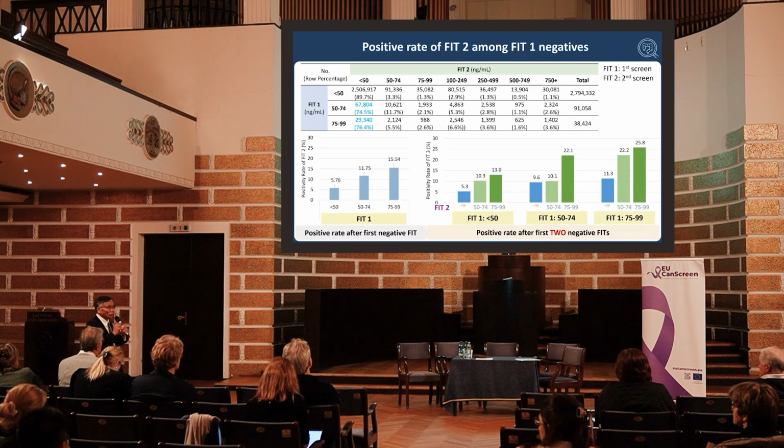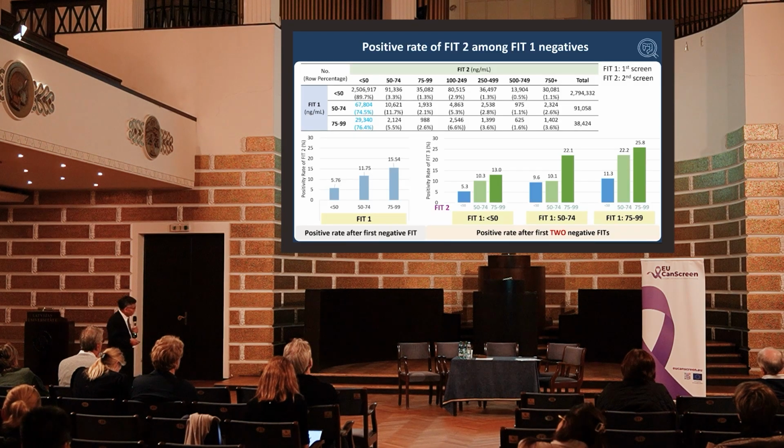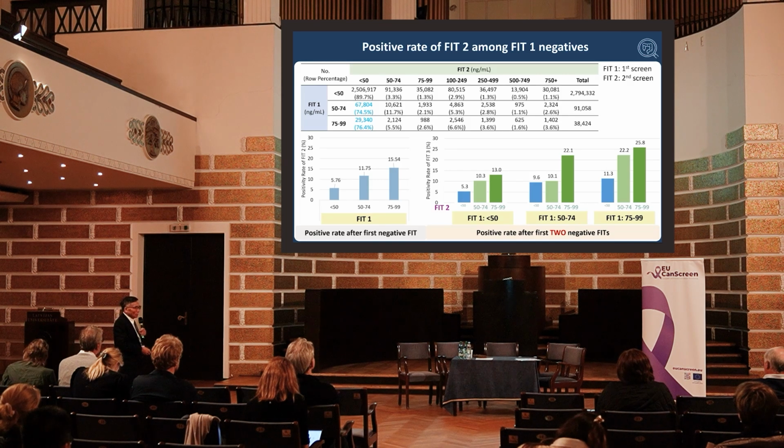Usually this is a very rich thing. But what if you want to adapt a different interval for each person? Then you need to consider the transition between the two screenings. In terms of the positive rate of the result, among those with a false negative, the fecal concentration shows a very remarkable gradient relationship. Even if you take two negative tests, you see the trend is still the same.